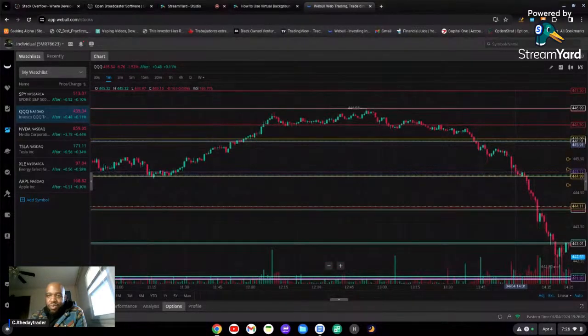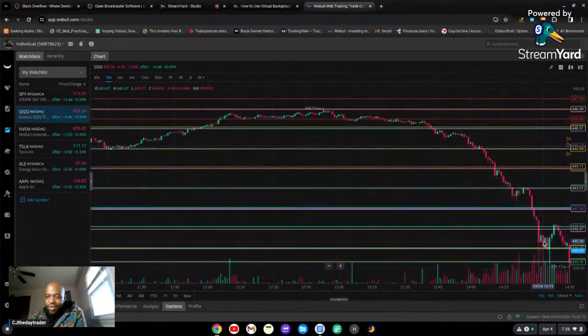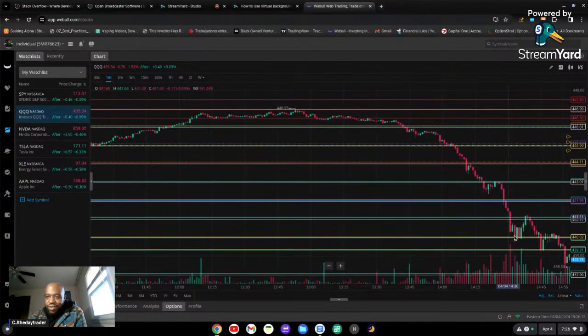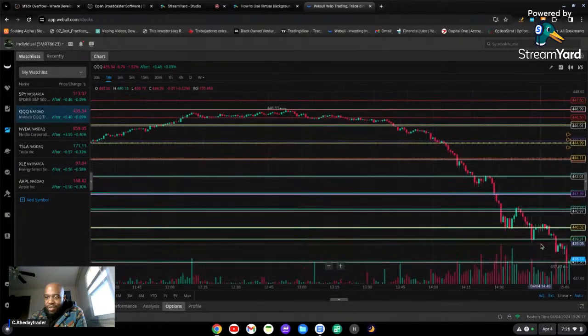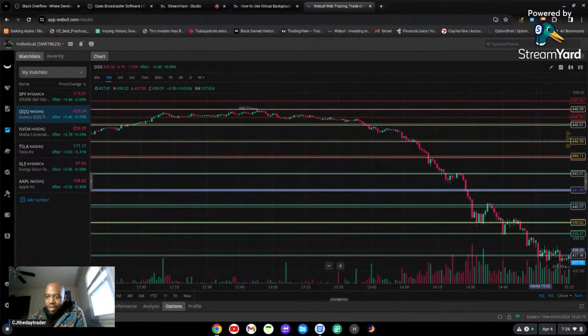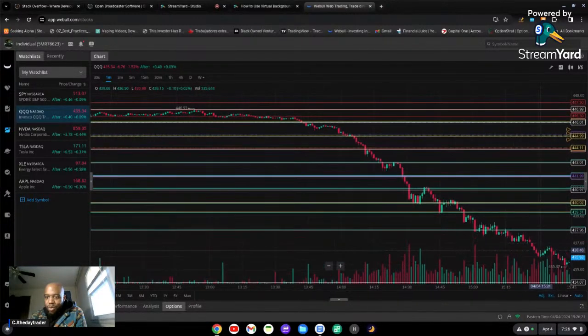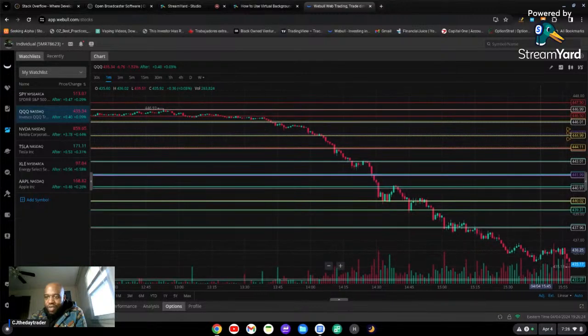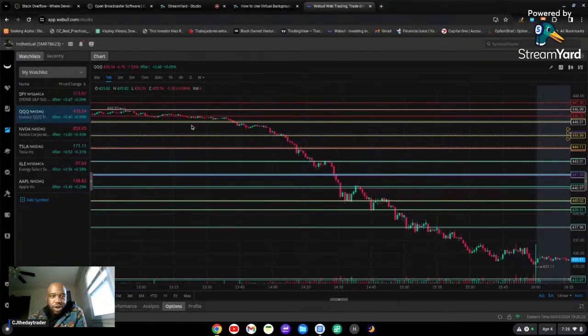Let's zoom in a little bit more. I mean, you just get breakdown after breakdown after breakdown, and you just fade off. And our target was way up here, 445. We're all the way down here, 435, 436.